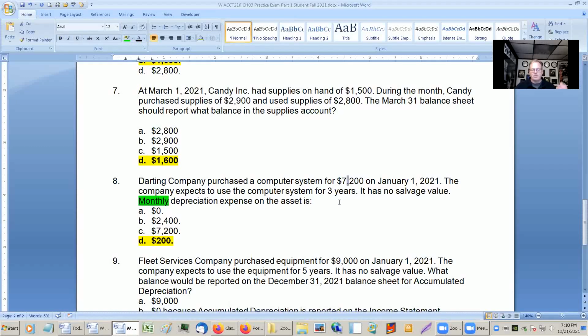So how much is the monthly depreciation? Well, 2,400 would be for the year, but for the month, you divide that by 12, you get 200.